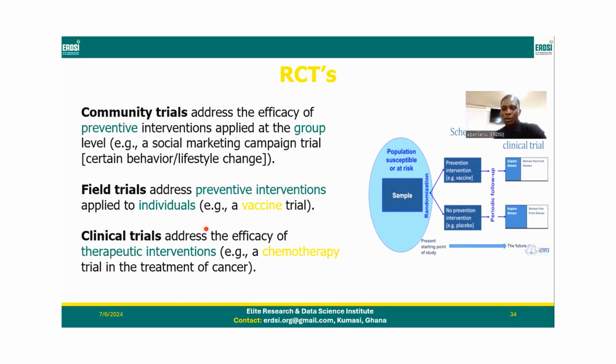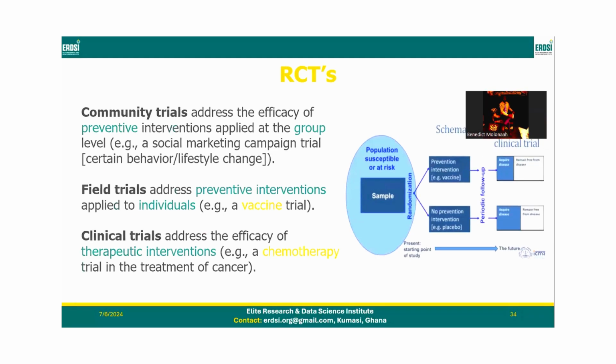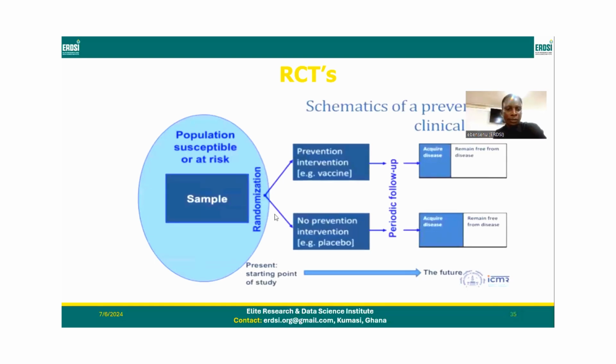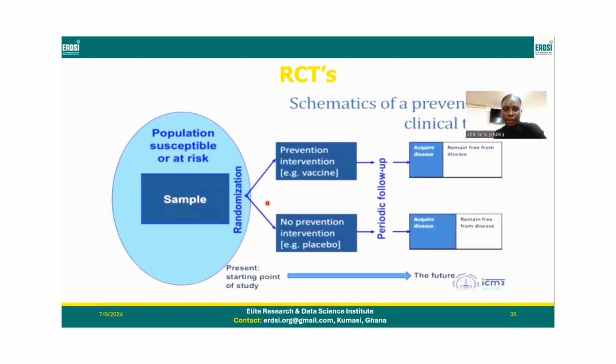So most often what happens is that we have a sample population. Then you administer a preventive intervention to one group, and another group gets no preventive intervention or a placebo. Then you follow them up. So clinical trials are the highest level of research.